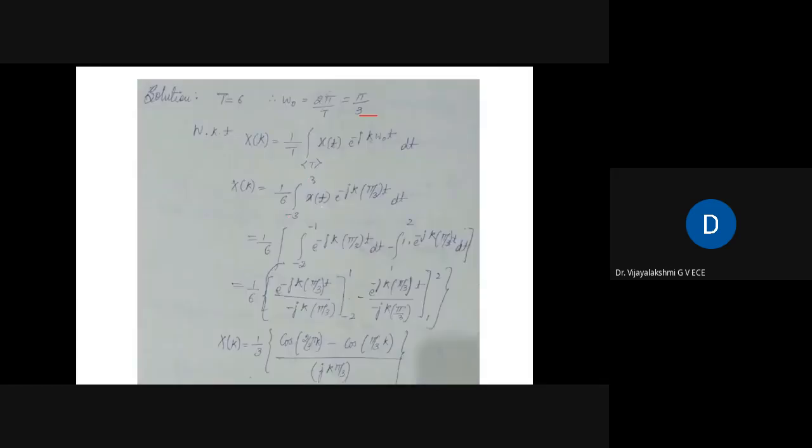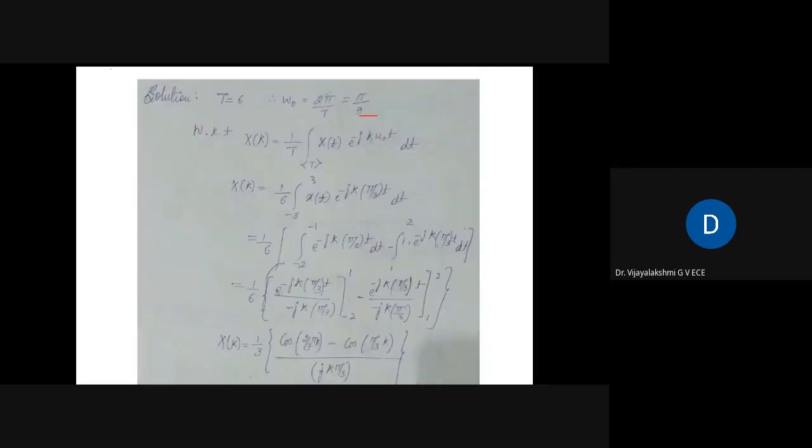So from minus 3 to 3, x of t e raised to minus j k omega naught, 2 pi by 6 simplified, so pi by 3 into t dt. And here you can see the signal is not defined for the entire period. It is defined only from minus 2 to minus 1 and from 1 to 2.